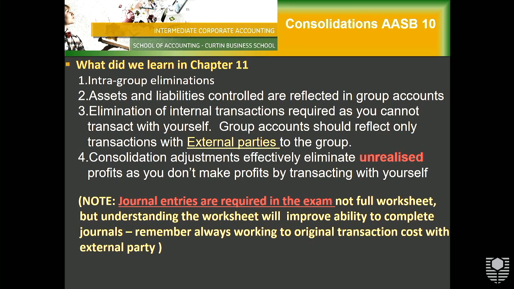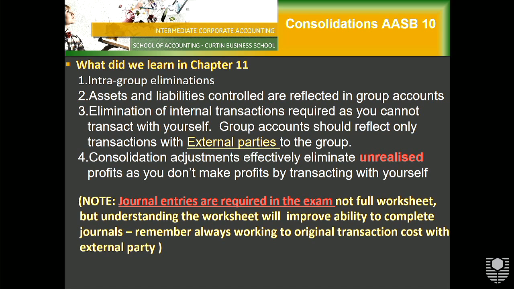All you have to remember with your intragroup eliminations is that you only include transactions with external parties. Anywhere that the company has transacted with itself, it's unrealised profit. When they're making those profits, they're paying tax on it as well, so you've got to account for the internal taxes. Essentially, if you make an internal sale, you've got to do a journal entry to reverse it.